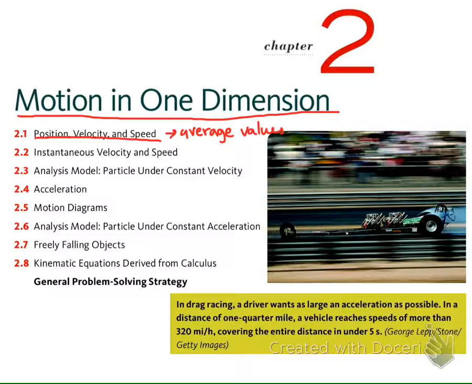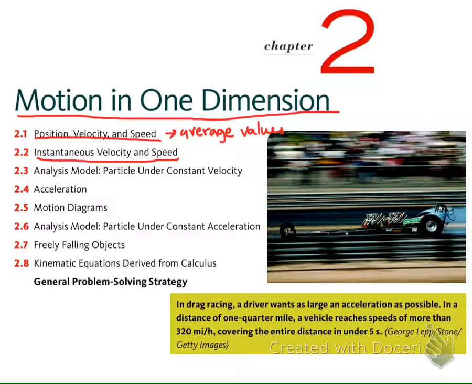Next, we use the concept of infinitesimal time. We will define the instantaneous velocity and speed. This instantaneous velocity and speed will give us more detail, the detail at any instant of time of the velocity and the speed.